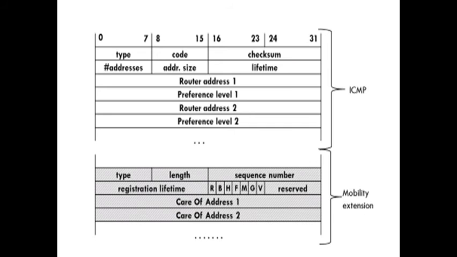Which type of encapsulation is used will be denoted by M, G or IP. And lastly, the V bit. This V bit is specified to use header compression. Just for header compression, this V bit is used.